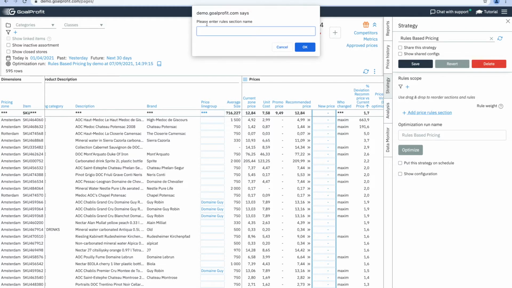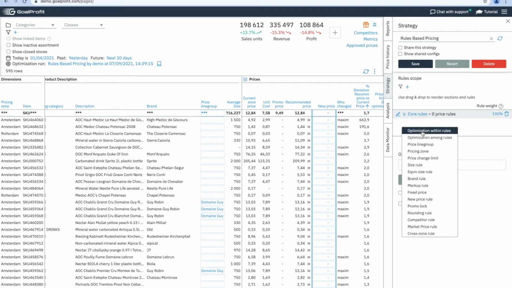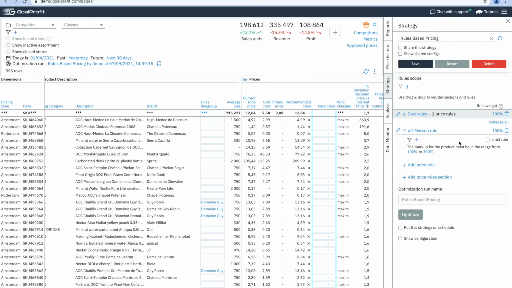So let's start with some core pricing rules, which are typically used by retailers to manage their prices. What kind of key rules are used? Let's start with markup rules. I think that markup rules are used in common by all companies.